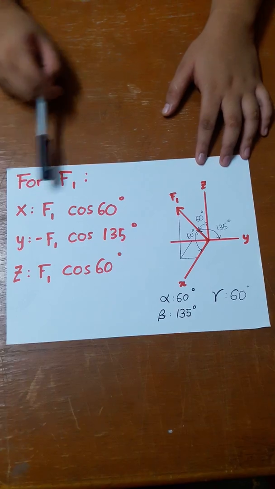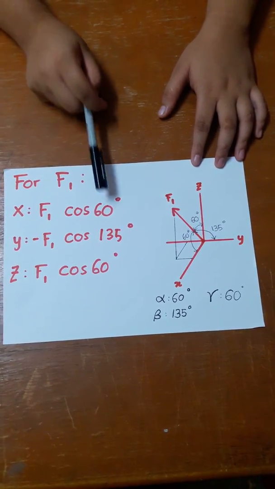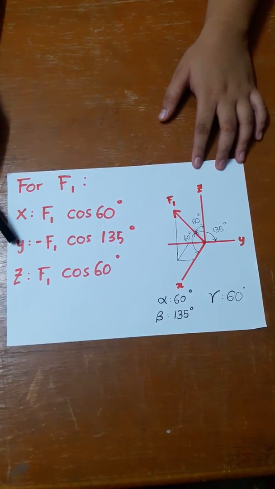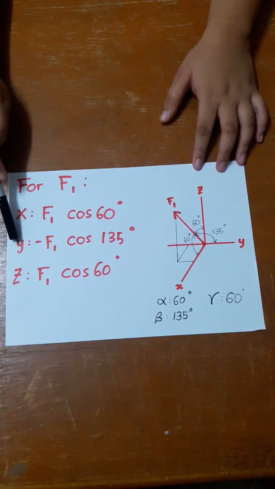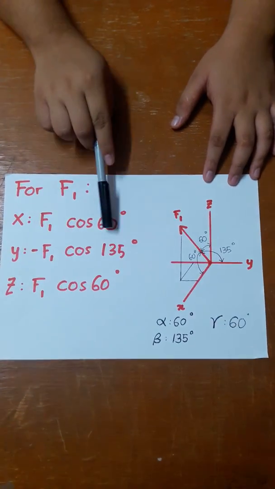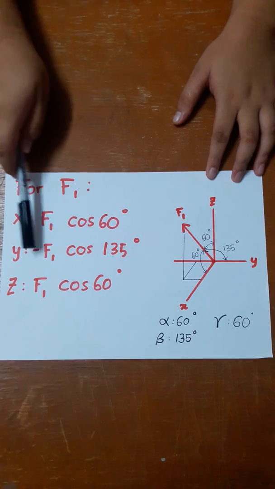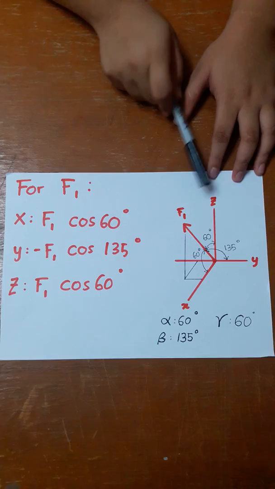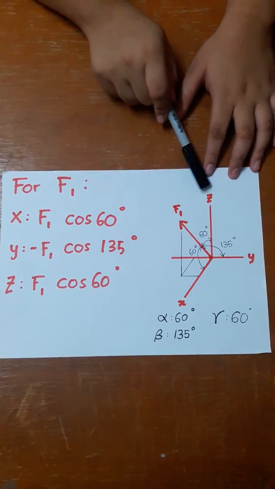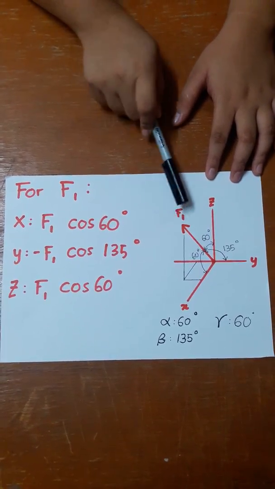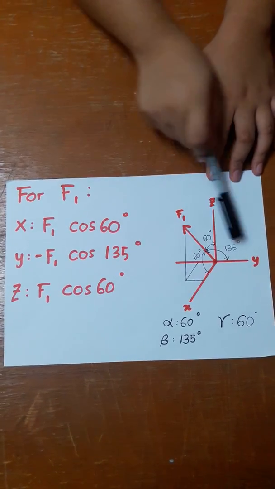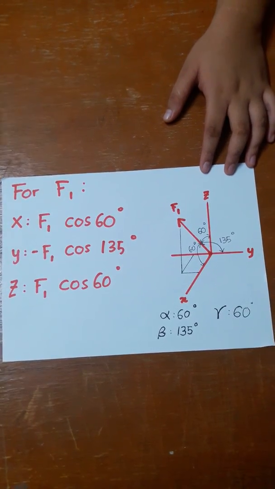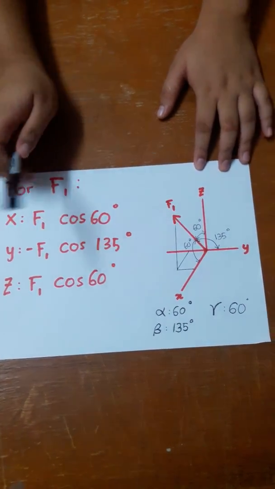For X it is F1 cos 60, and the 60 you get from alpha. Y is negative F1 cos 135 degrees. Why is F1 negative? Because from the diagram, F1 lies in the opposite direction of the y-axis. And for Z the component is F1 cos 60.